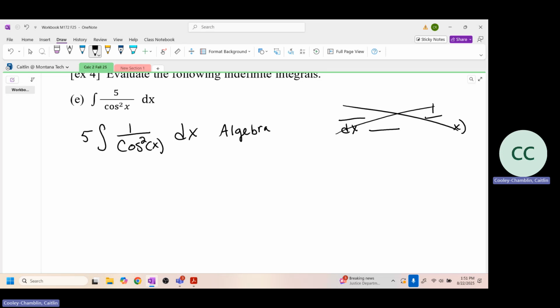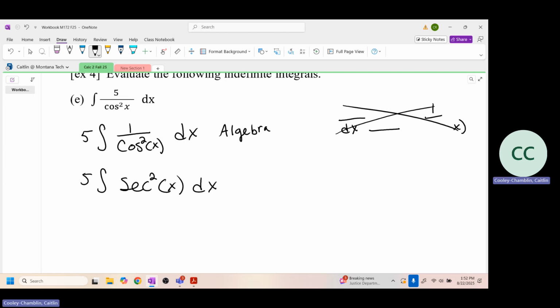The only thing I can think to do with this cosine on the bottom is bring it up. And remember, a cosine on the bottom is a secant on the top. So I get 5 times the integral of secant squared x dx. All right.